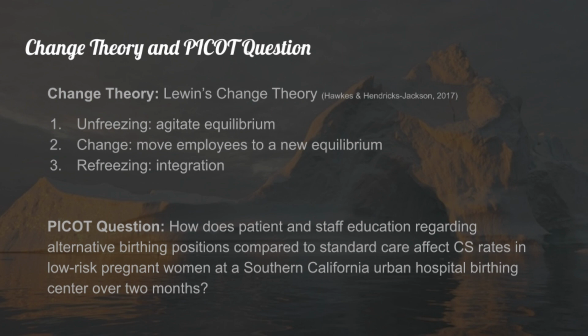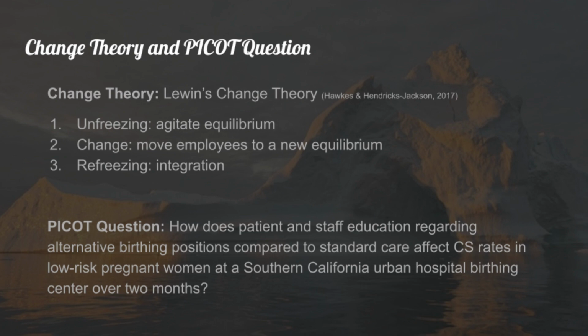Phase two is the change phase, which is the one where we move employees to a new equilibrium by helping employees to view change from a new perspective and helping them to work together to achieve desired outcomes and facilitate consistency in maintaining those outcomes. Which leads us to the last phase, which is refreezing, which involves the integration of new behaviors and desired outcomes into the organization.